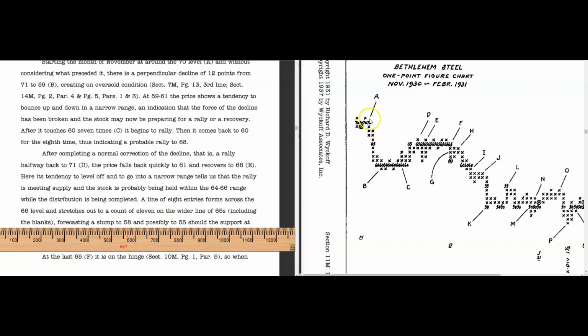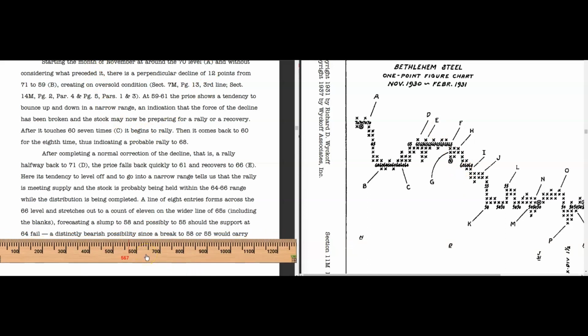So all he's doing is he goes down here, does the count from the down rally to the halfway back point, and then from the halfway back point, projects how much the next rally down should go. All right. And that is if the prior support at 64 breaks.